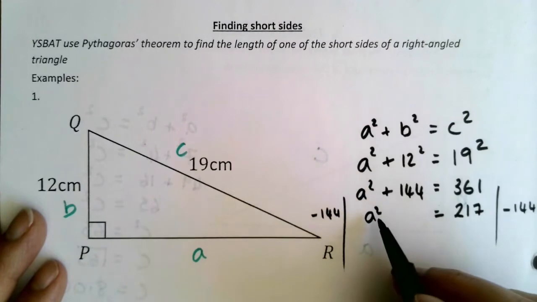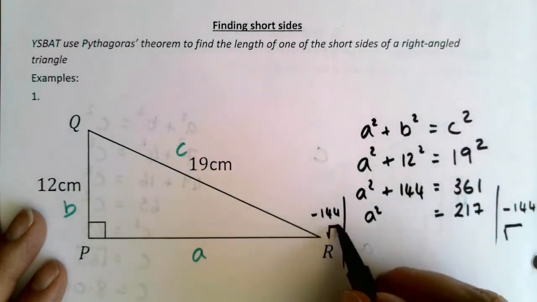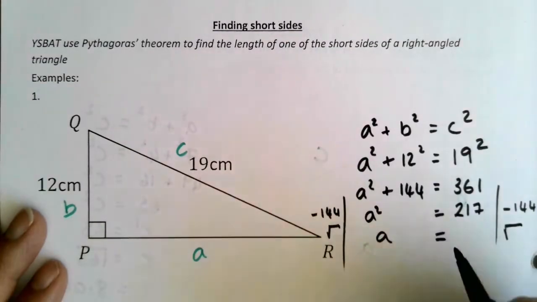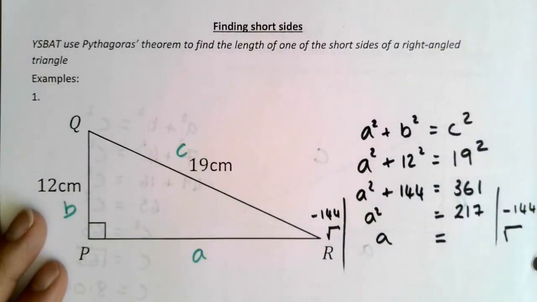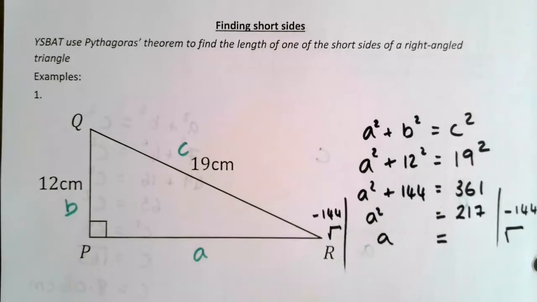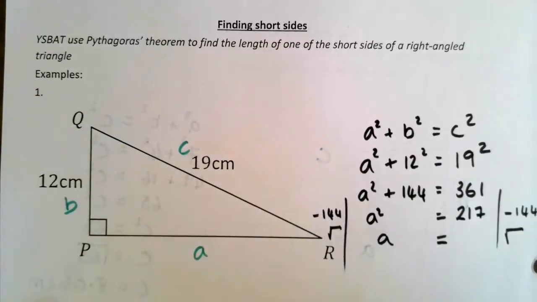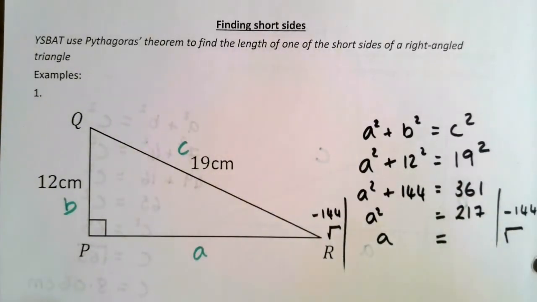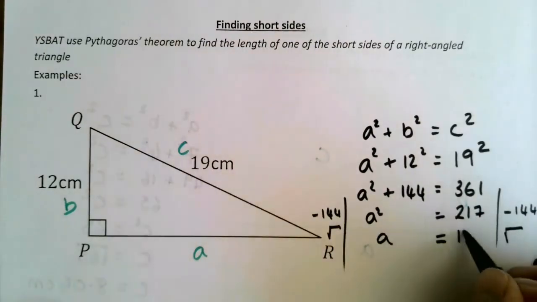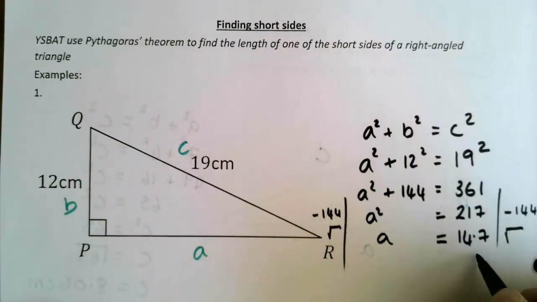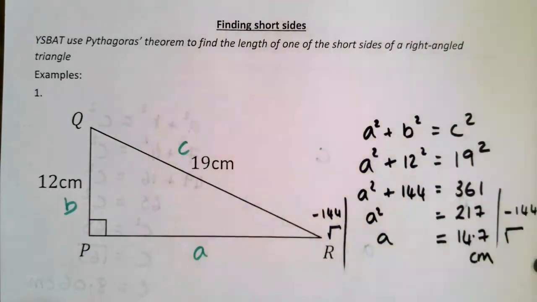And then to get a on its own, we have to square root both sides. So the square root of 217 is 14.7309, etc. If I'm going to three significant figures, I'm going to go 14.7. I've just run out of room, but my unit there would be centimetres.